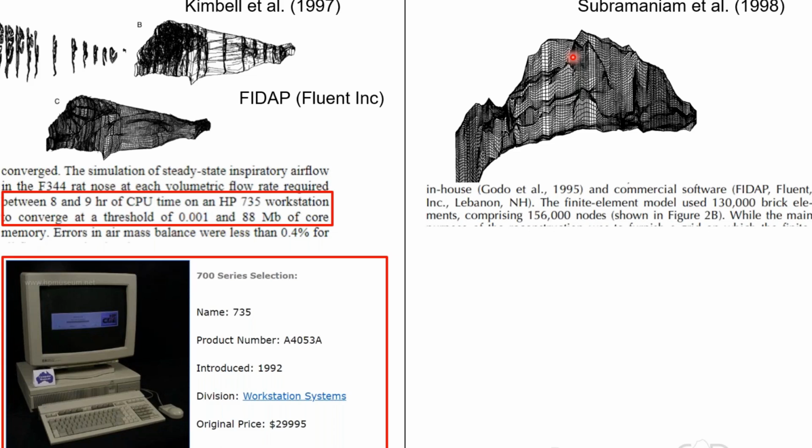Again, if we look at the details of this work, this is 130,000 elements, which, if we look back at 1998, is quite phenomenal for that time. And now, 130,000 cells can be simulated in less than a minute, I believe.